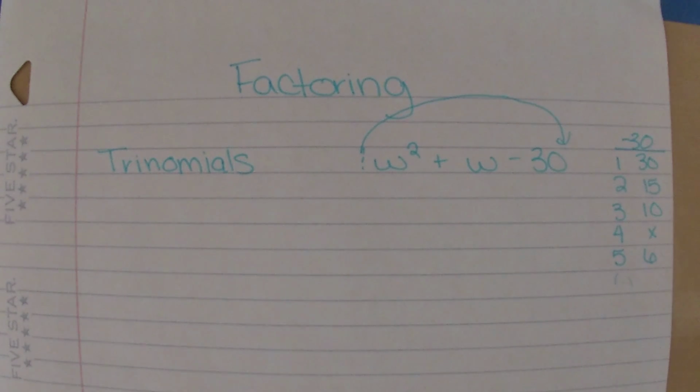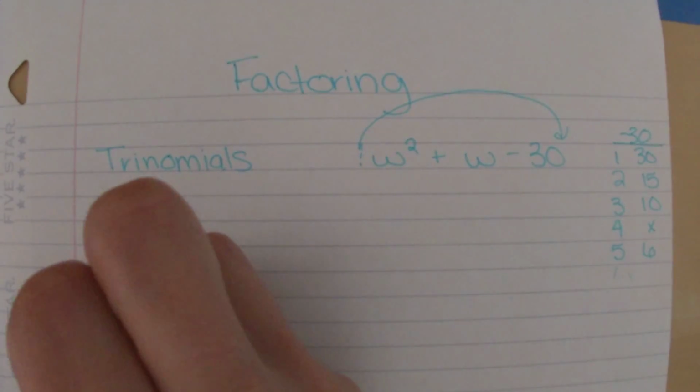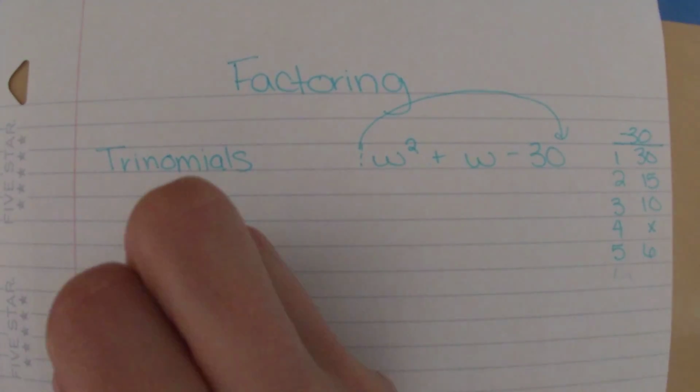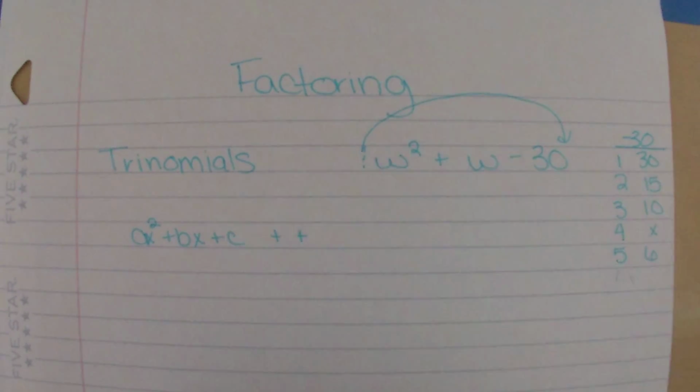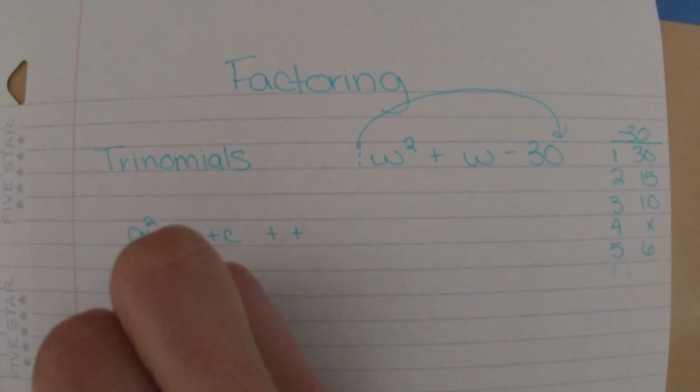Now we had that chart that we used as a crutch to start with. I'm going to write it down, but remember by the test, you guys were doing this without the chart just fine. So the list says, ax squared, if everything is positive, we know we want positive factors.